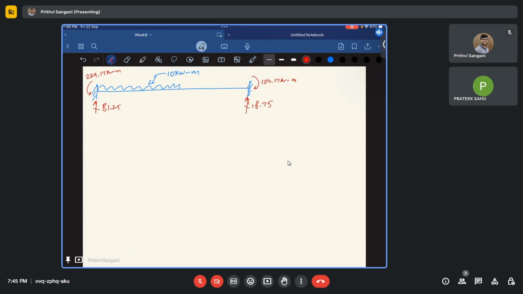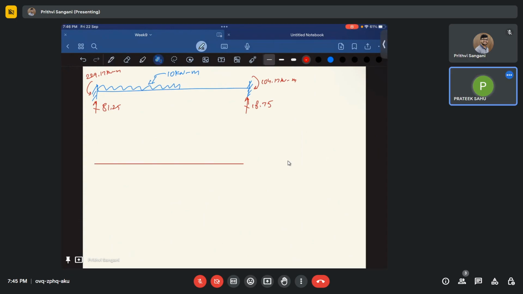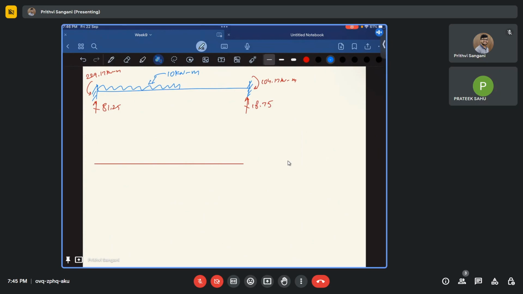So how do we find the shear force diagram? Let me plot it directly. This is my baseline, and at support A I have 81.25.